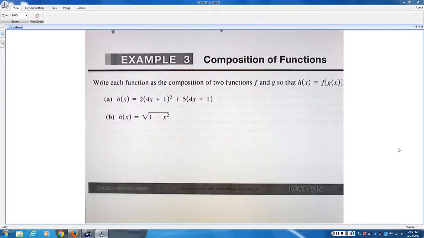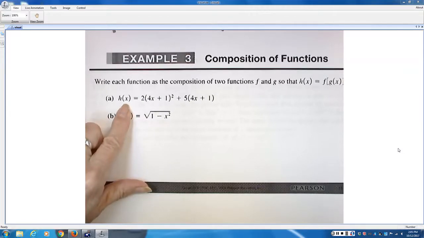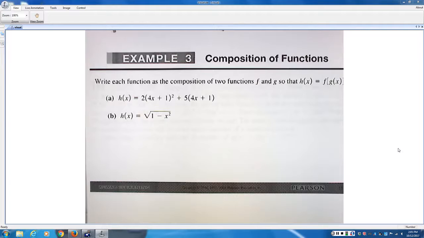Okay, here's a little challenge for you before we go back and start doing derivatives. There's 2 functions being used here. H of x is the composition of 2 functions. What's the inside function for h of x? That's right, it's 4x plus 1.